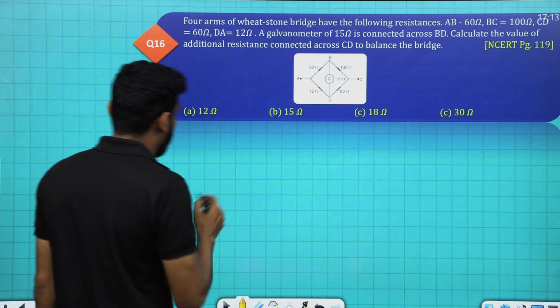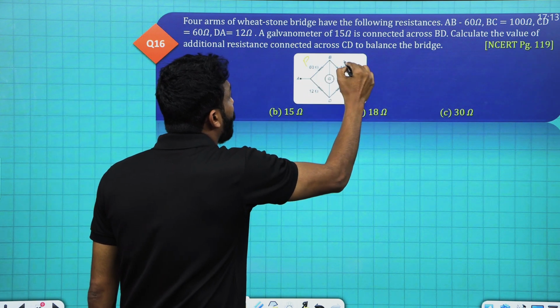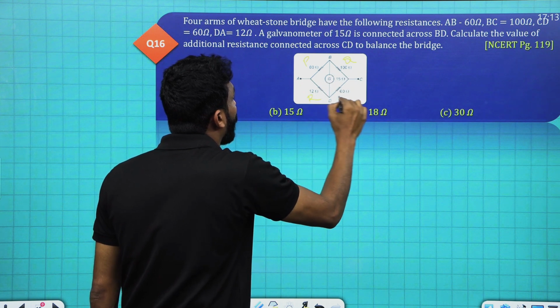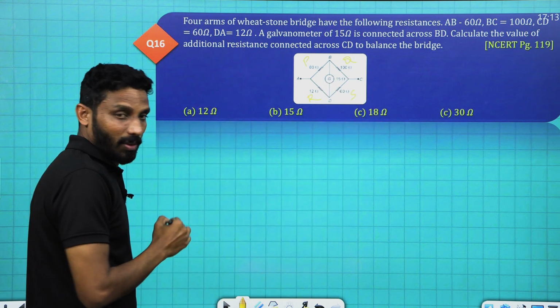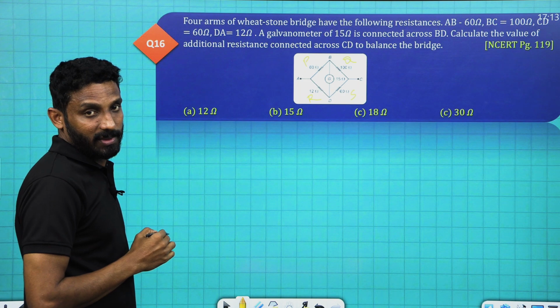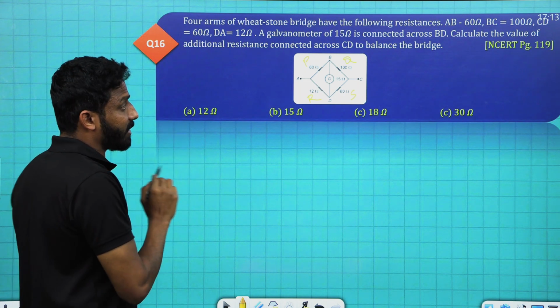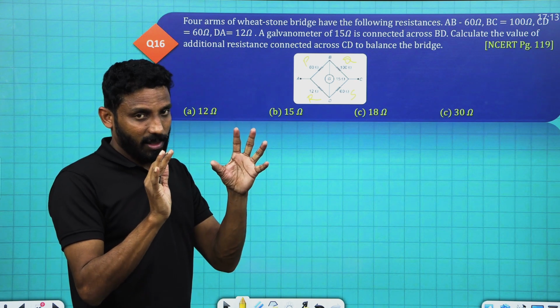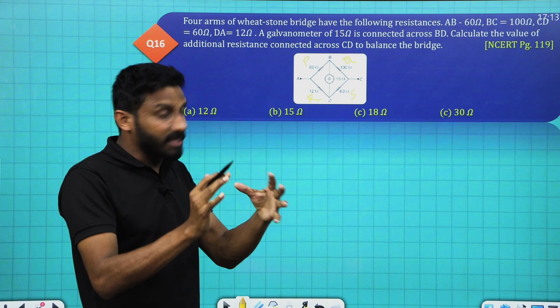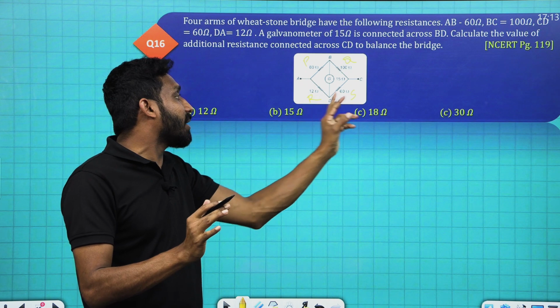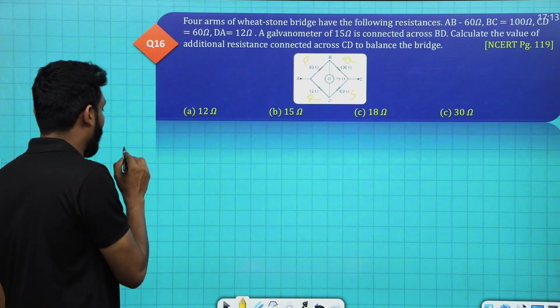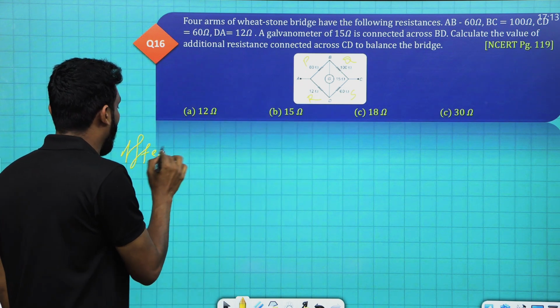Let it be P, then Q, then R, then S. After balancing.